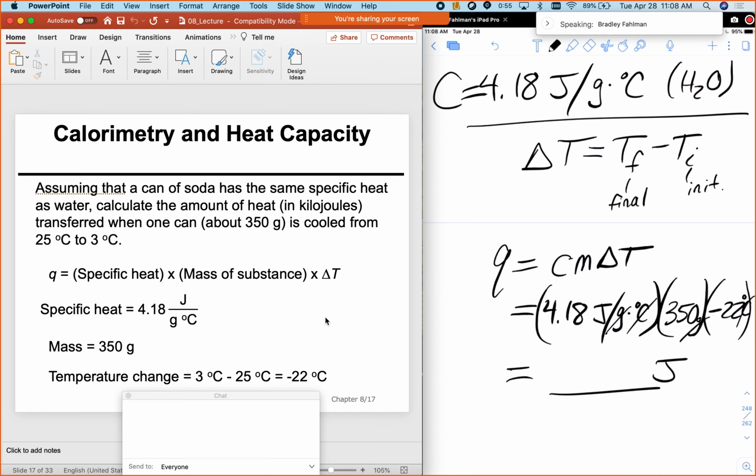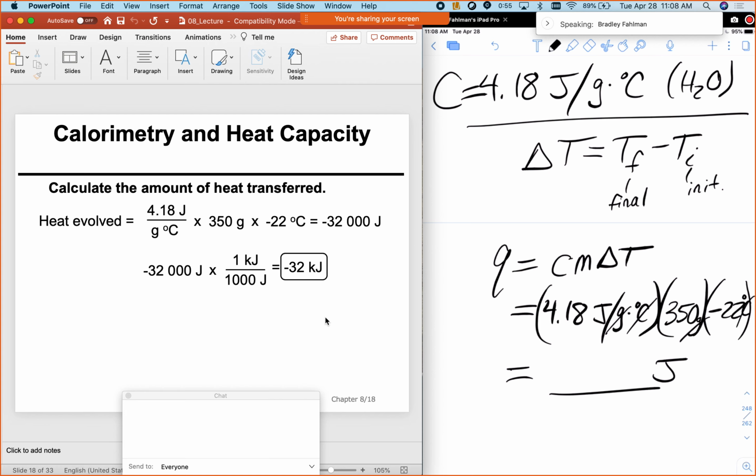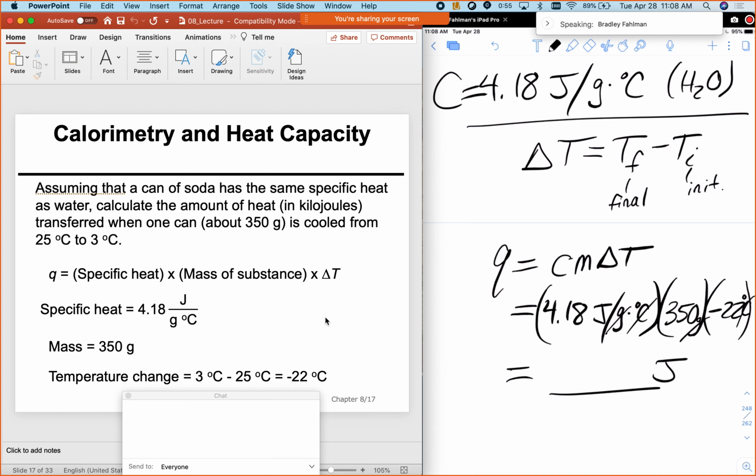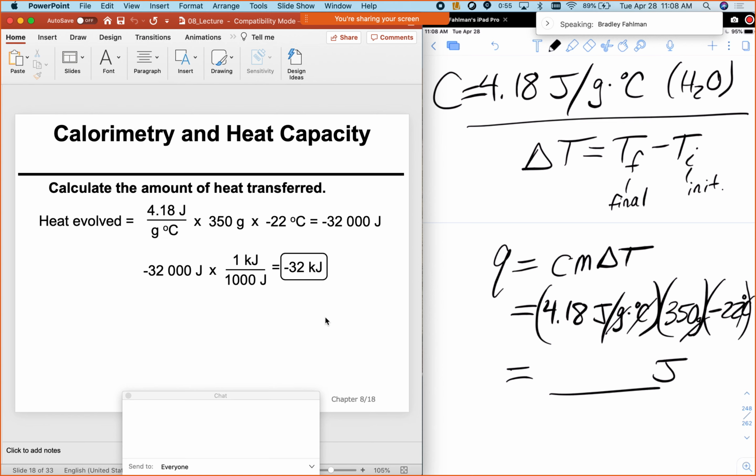I guess it was asking in kilojoules. If you calculate it out, you get about 32,000 joules, and remember that is just 32 kilojoules. So minus 32 kilojoules.